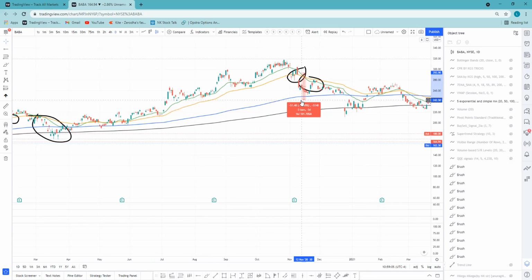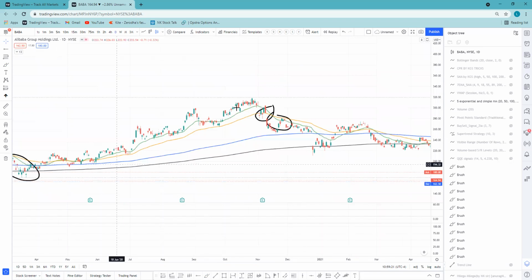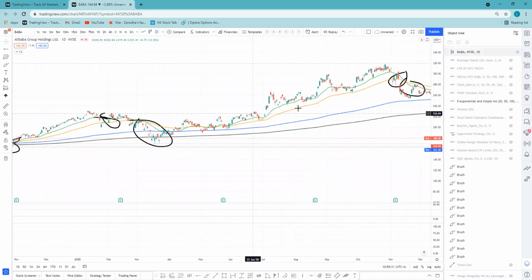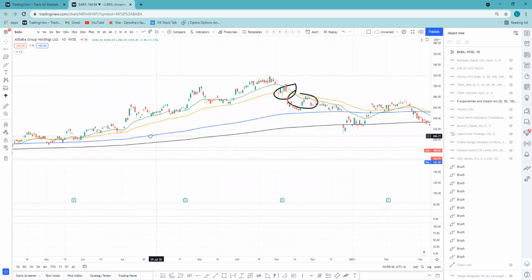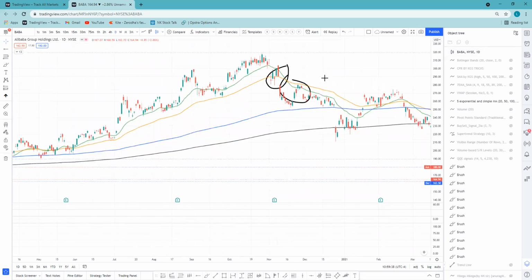Why do we not get out when it is above the 20? Above the 20 is an uptrend, the price is moving up. So you need to finalize your rule.